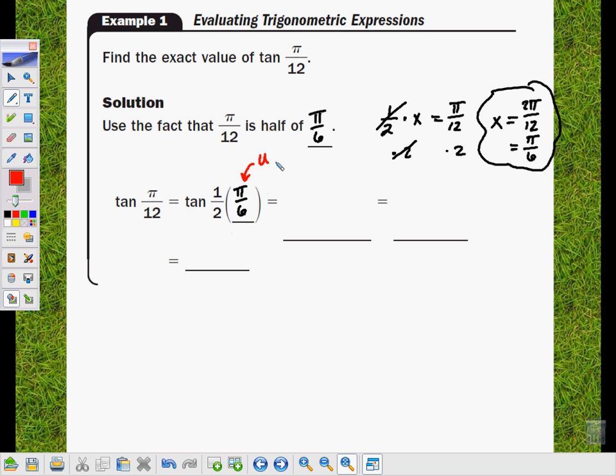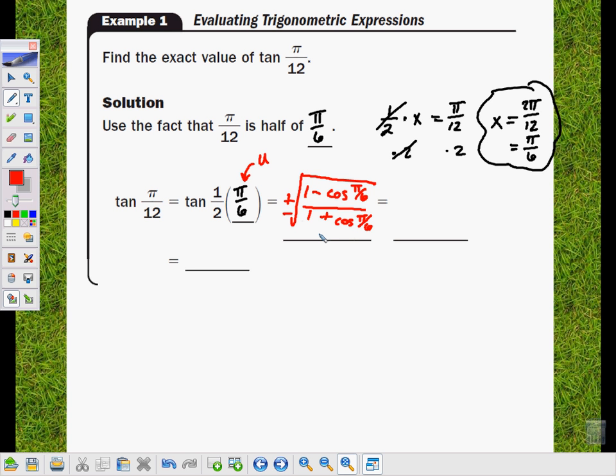For the tangent half angle formula, we're going to have positive or negative square root of 1 minus the cosine of u, pi over 6, over 1 plus cosine pi over 6. Minus on top, plus on bottom.